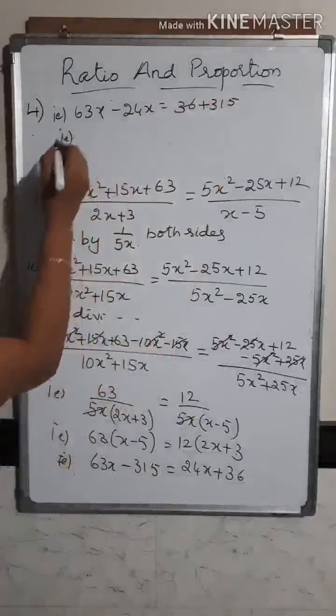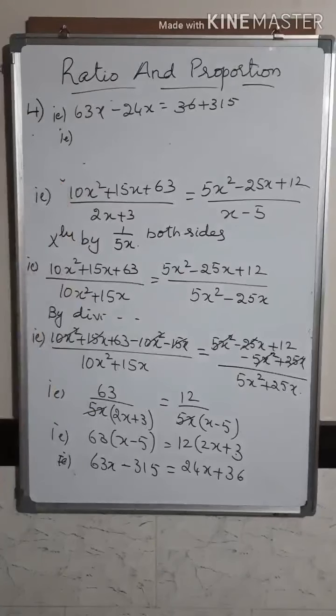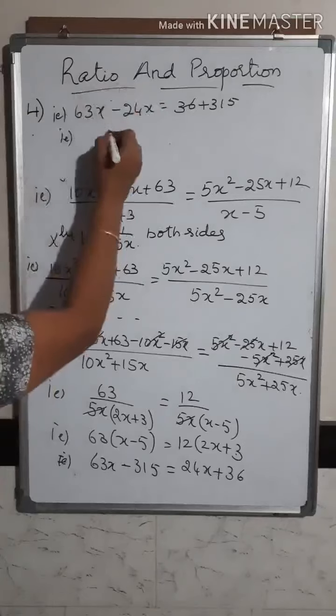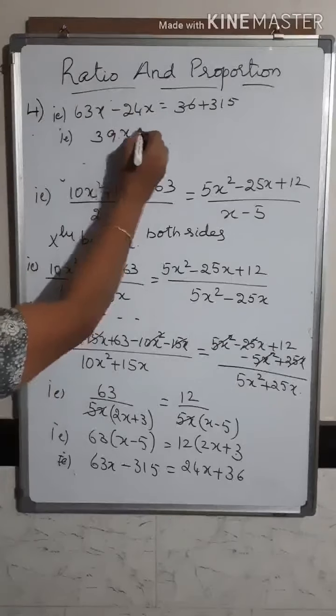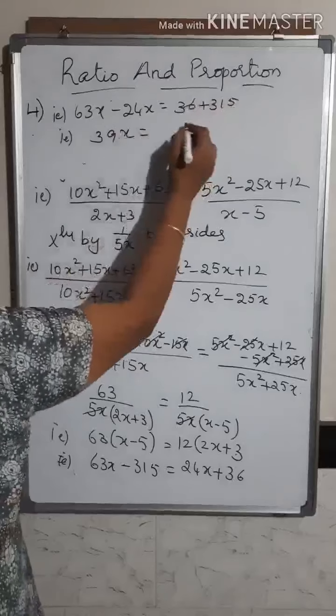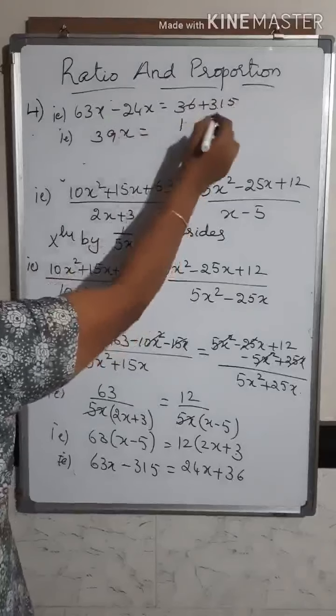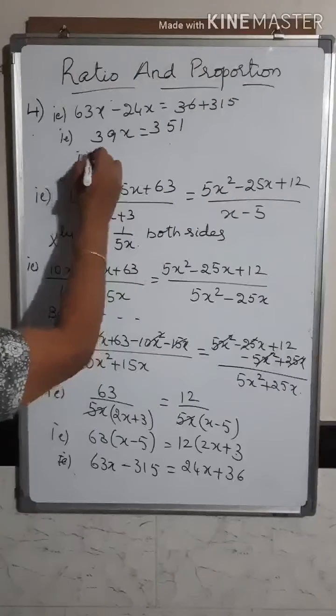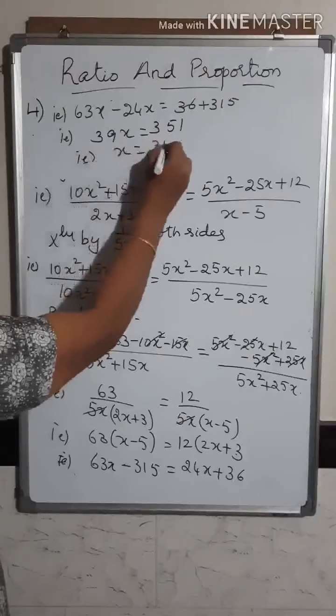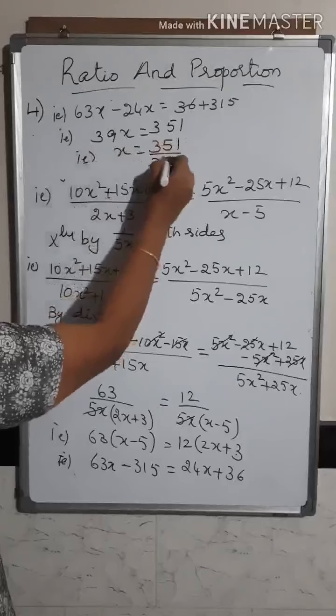So now here what you get: 63 minus 24, 39x is equal to, now this you have to add it, 36 plus 315 is 351. So you get x is equal to 351 upon 39.